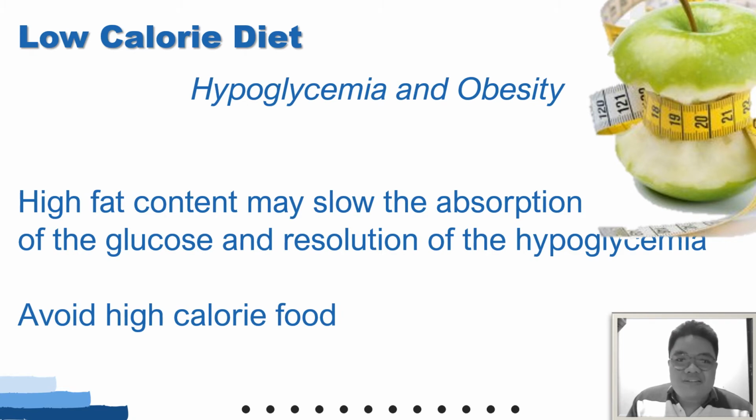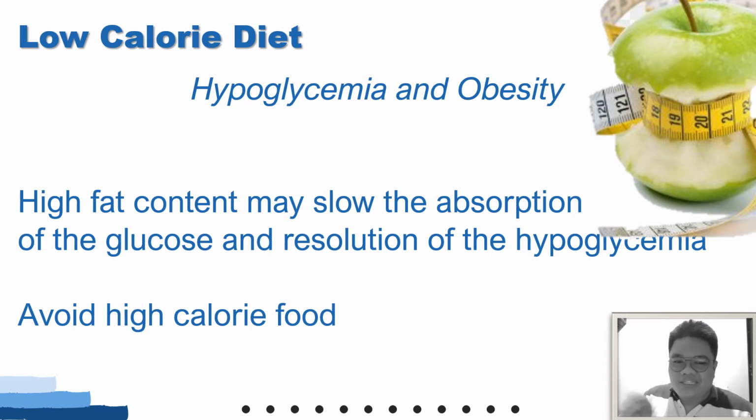It's because, class, the high calorie diet leads to slow absorption of glucose. So what happens? If your patient takes a lot of calories, the glucose will be slowly absorbed, and he will think, oops, I'm still hungry.